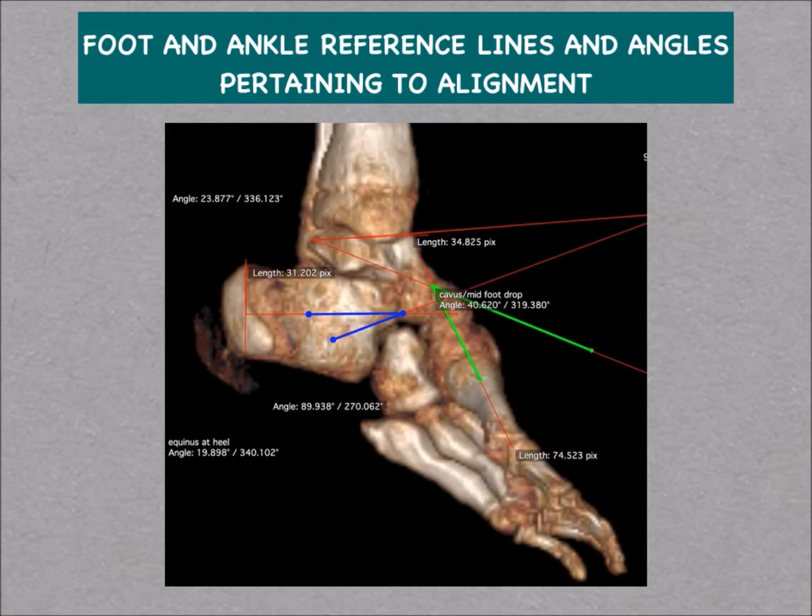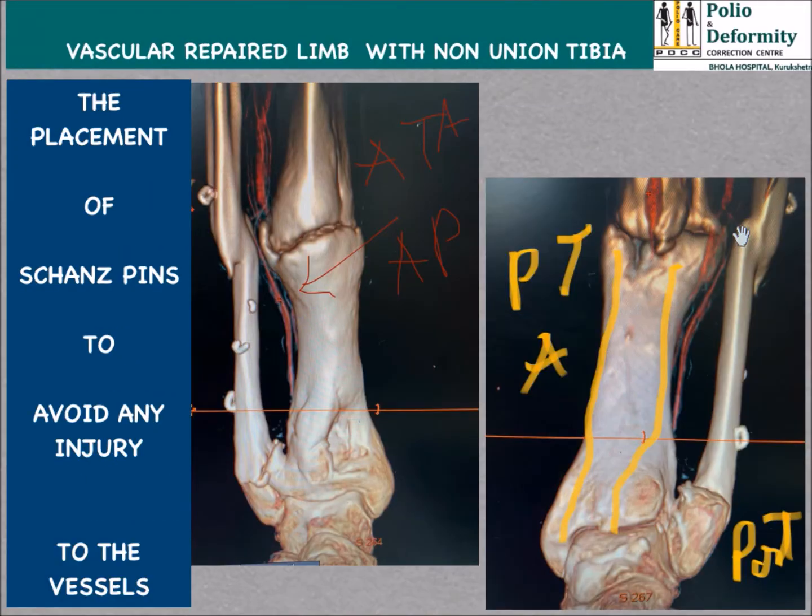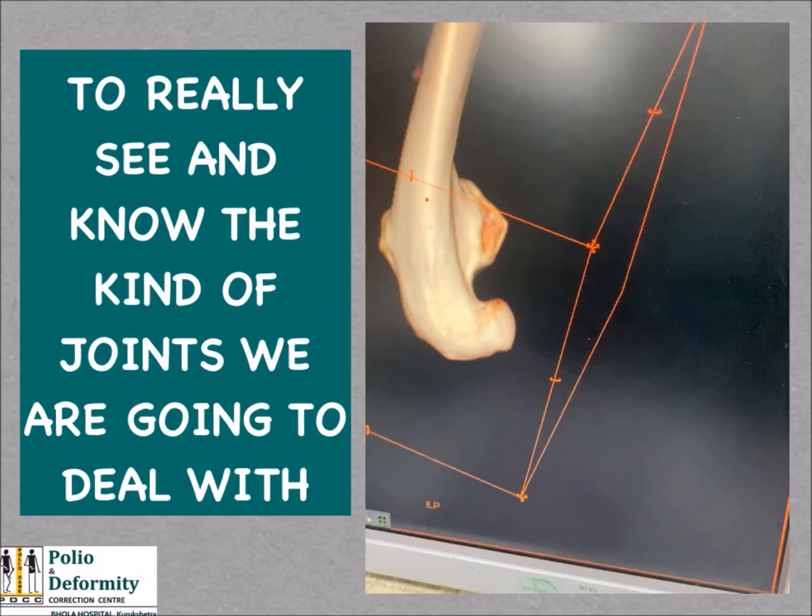Foot and ankle reference lines and angles pertaining to the alignment can also be studied in detail. In vascularized lower limb non-union of the tibia, the placement of the shank pin to avoid any injury to the vessels can be thoroughly studied and then executed.